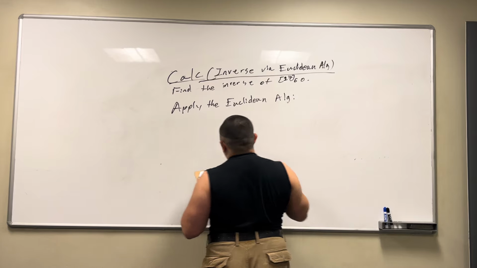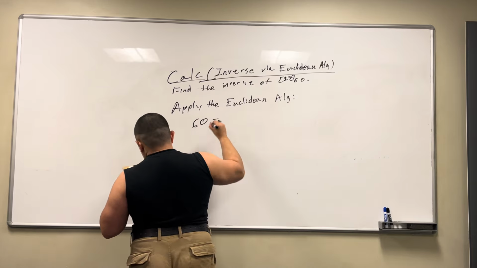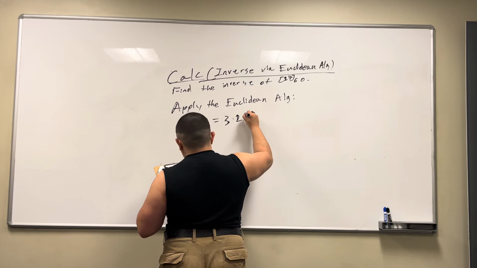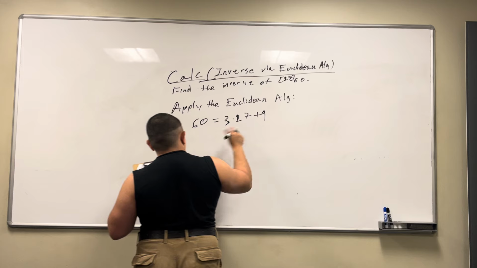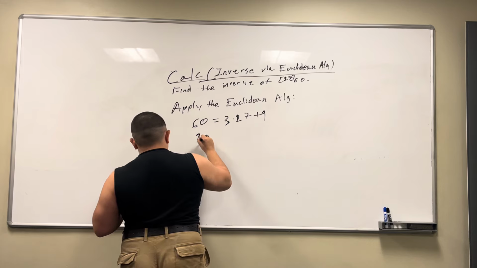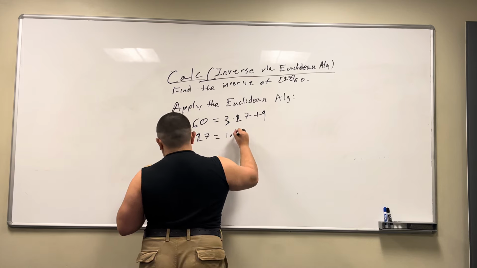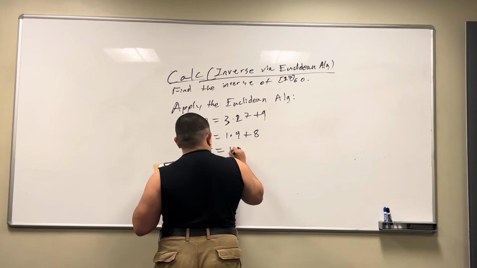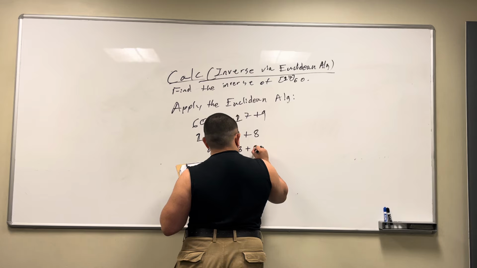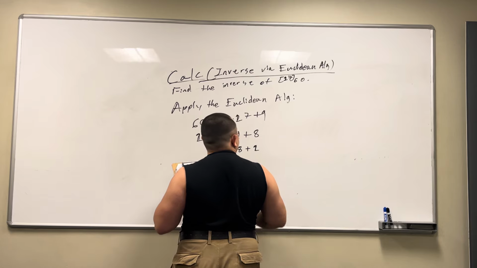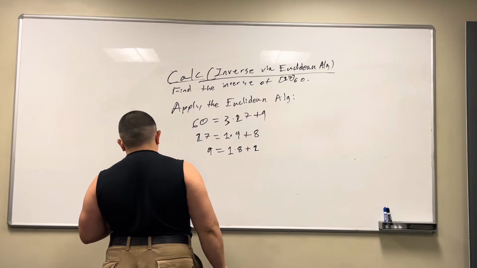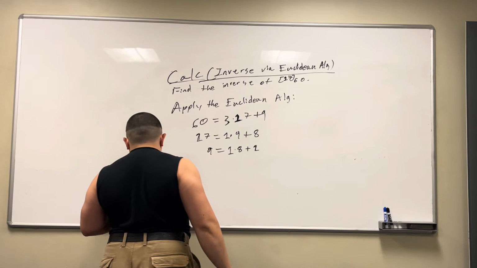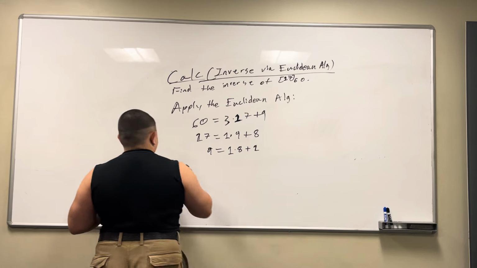What you get is that 60 is equal to 3 times 17 plus 9. 17 is equal to 1 times 9 plus 8. 9 is equal to 1 times 8 plus 1. Now, let's substitute back.